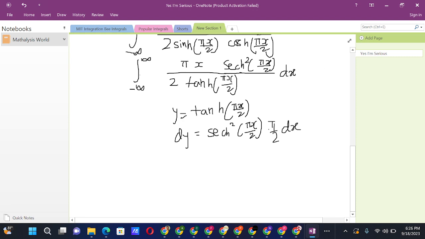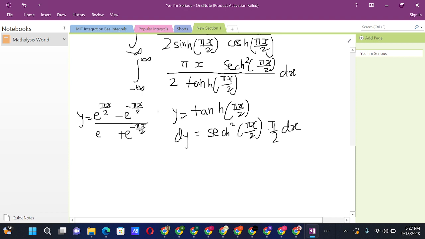And for the change of limits, we need to look at the exponential equivalent of tanh of pi x by 2. We know tanh of theta is e to the power theta minus e to the power minus theta, over e to the power theta plus e to the power minus theta. So this will be e to the power pi x by 2 minus e to the power minus pi x by 2, over e to the power pi x by 2 plus e to the power minus pi x by 2.